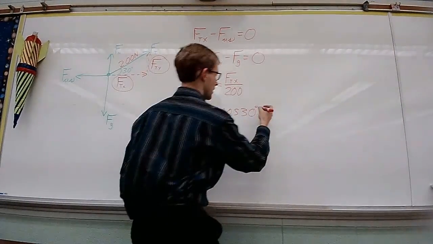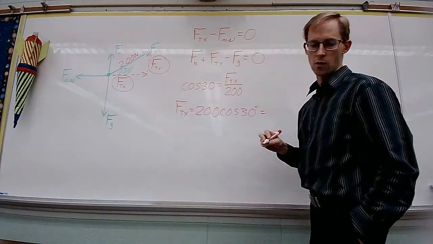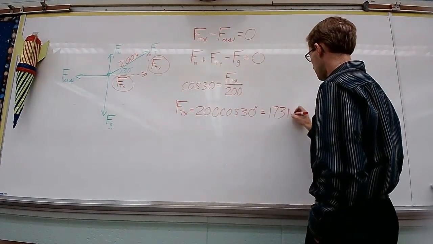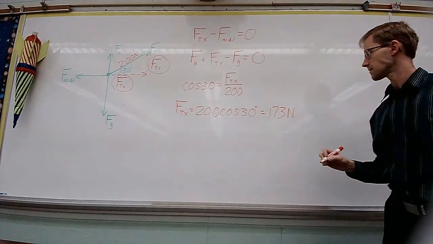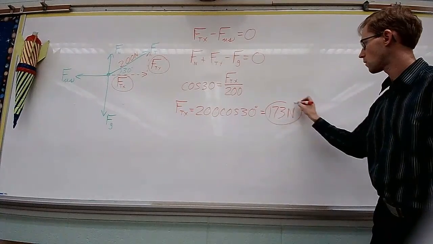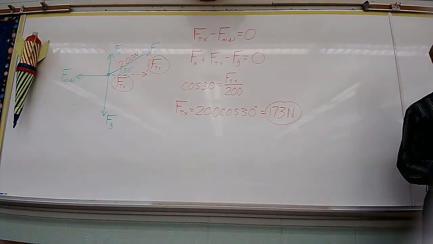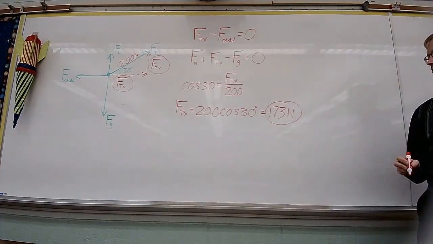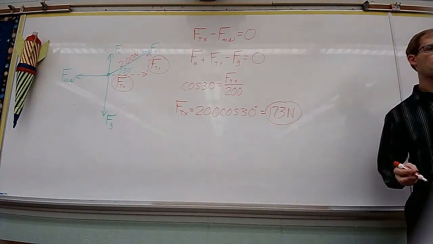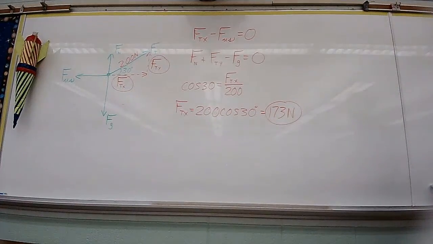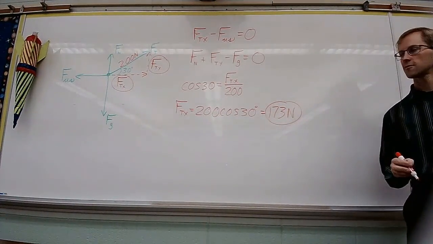If your calculator is properly in degree mode, this will end up being 173. Yes. You want us to round always? I usually round to 3 digits. If you want to go further, that's okay. But in the answer keys online and stuff, I round to 3 digits.